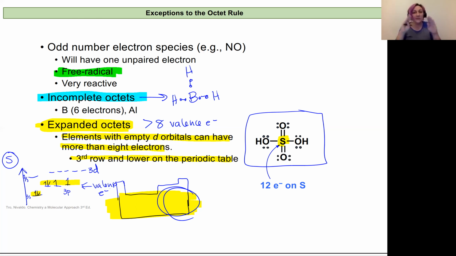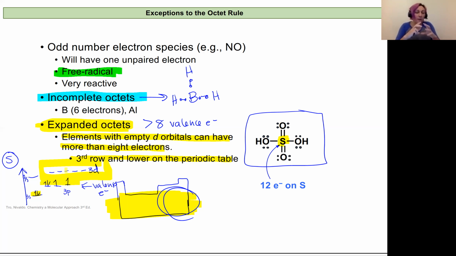But in that same shell, that same energy level for principal quantum number n, we have all of these empty 3d orbitals. Even though they're at a higher energy than our p orbitals or our s orbitals, they're available. And so expanding the octet means using these d orbitals.